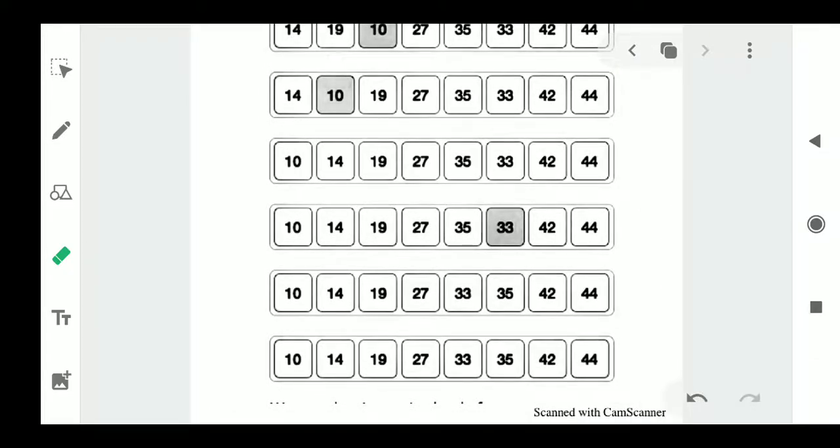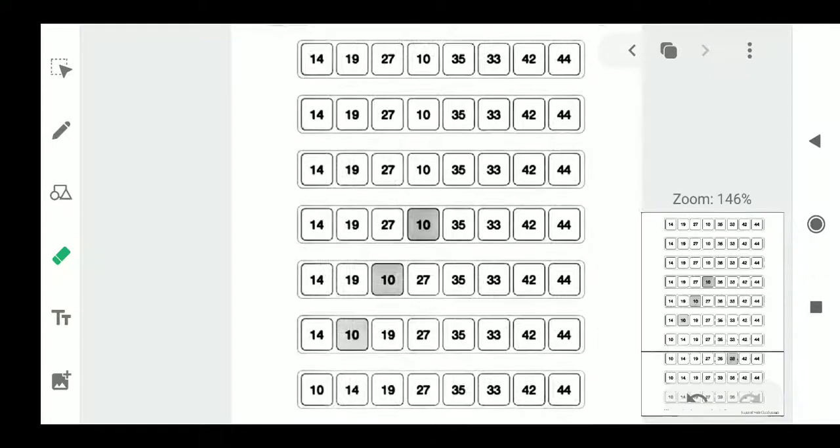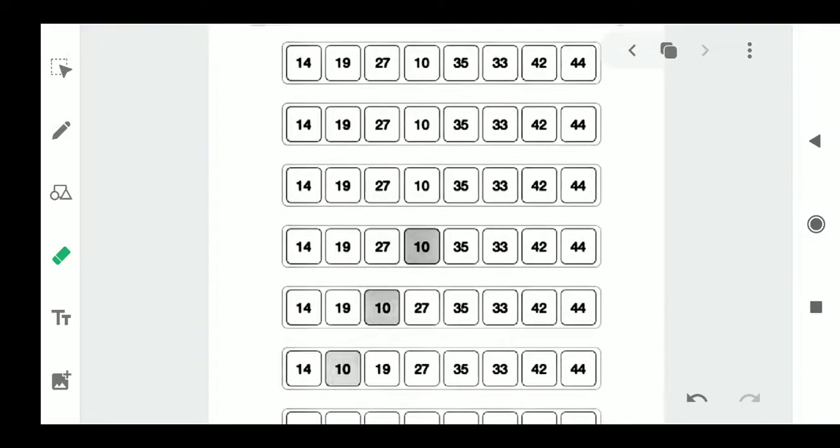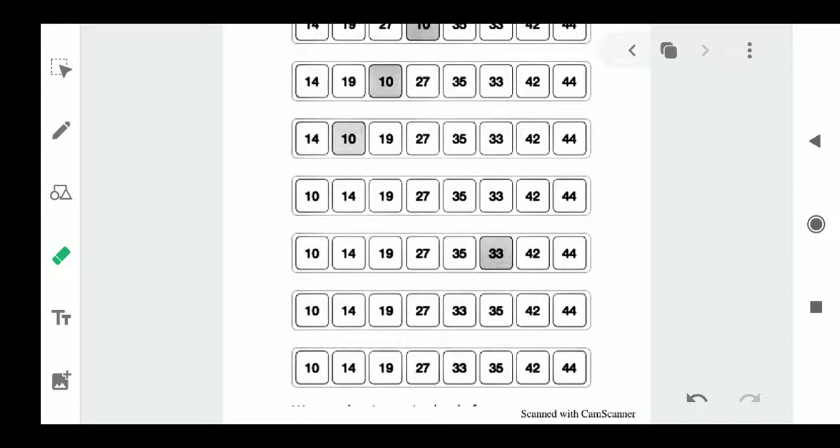Finally, we are going to sort all the elements in order.